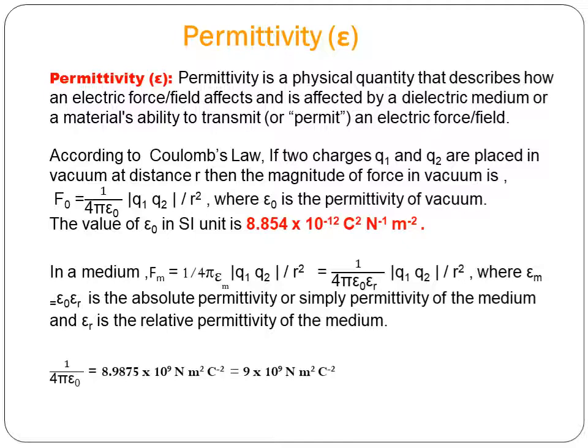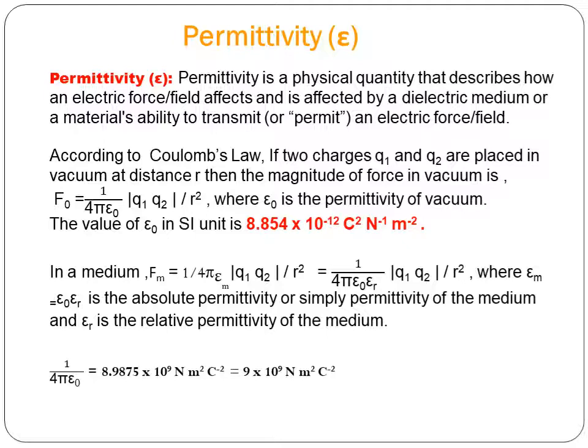According to Coulomb's law, if two charges Q1 and Q2 are placed in vacuum at distance r, then the magnitude of force in vacuum is F naught equal to 1 by 4 pi epsilon naught Q1 Q2 by r square. Here Q1 Q2 are the modulus value because we are confining ourselves to the magnitude of force only, and epsilon naught is the permittivity of vacuum.